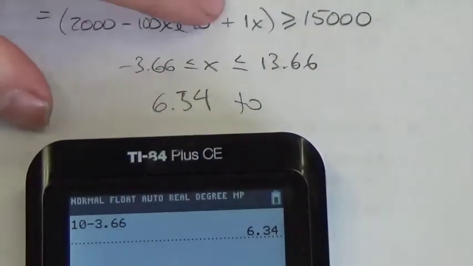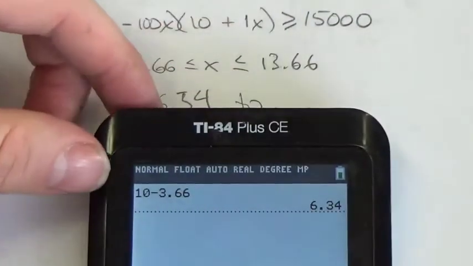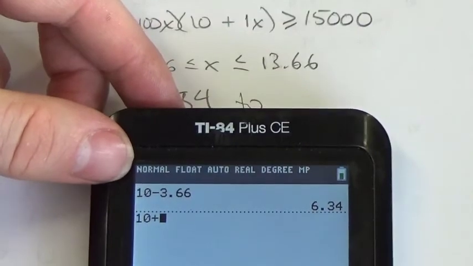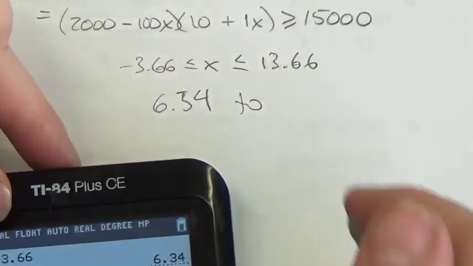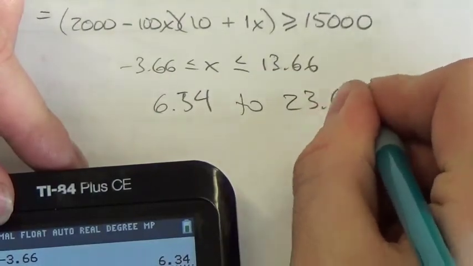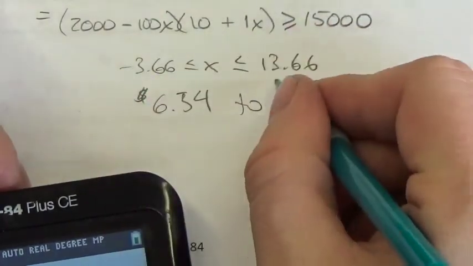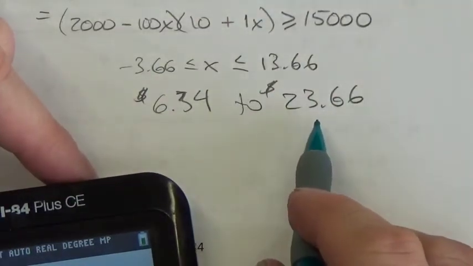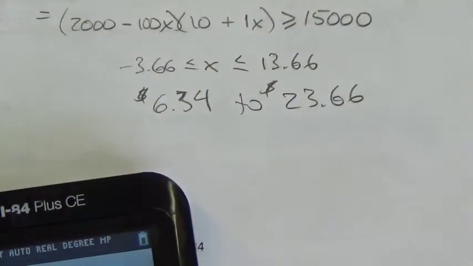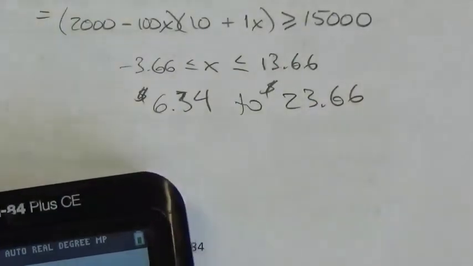And now if we add 13.66, so we have 10 plus 13.66, $23.66. So ticket prices in between $6.34 and $23.66, those will give me a revenue of larger than 15,000.